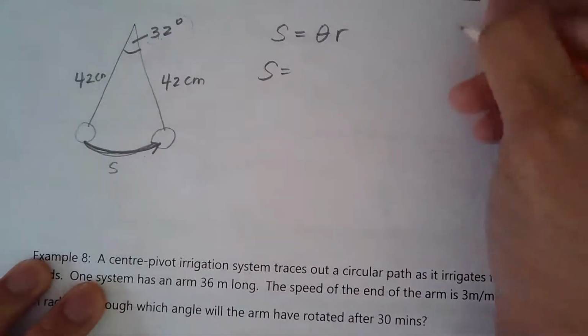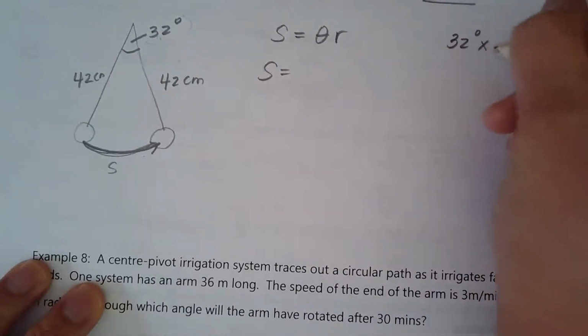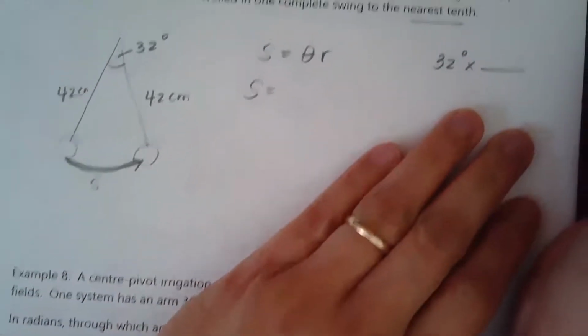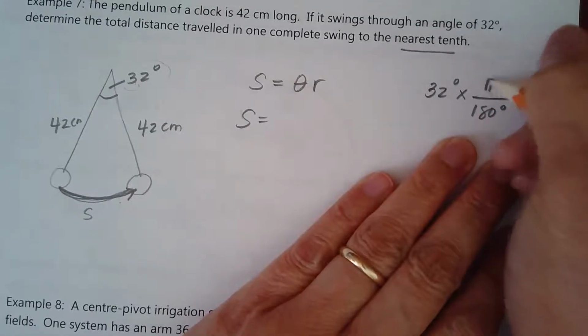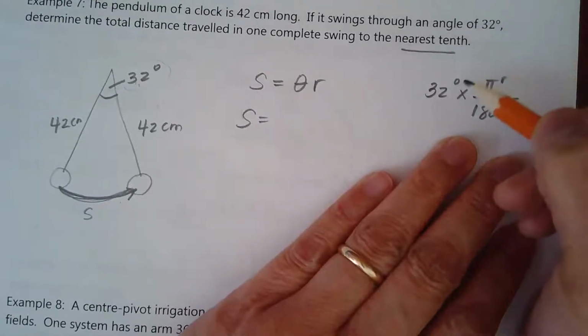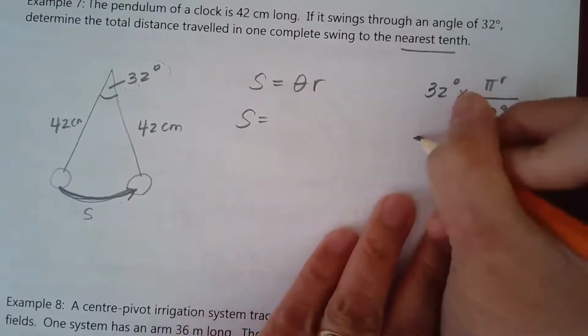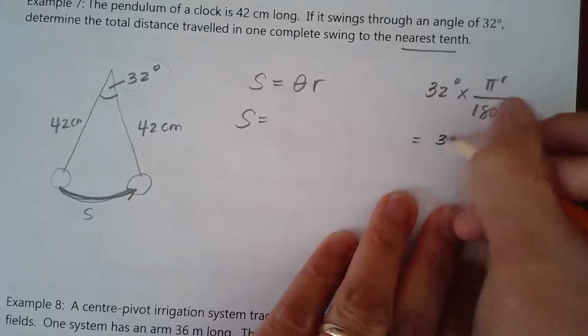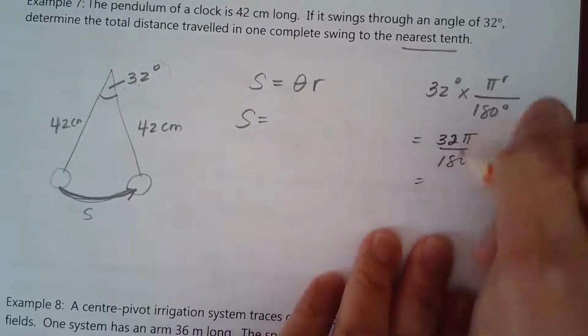So we know 32 degrees times pi radians over 180 degrees. We're going to cancel the degrees, and then we're left with radians. So 32 pi over 180.